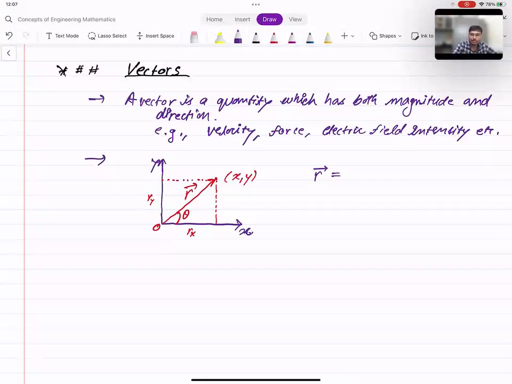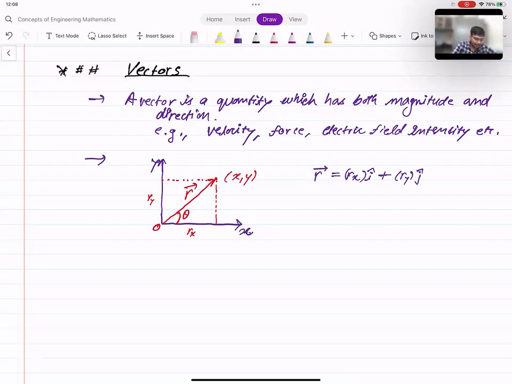Here we are dealing with 2D. So this is Rx, the magnitude, multiplied by the direction, plus the contribution of the other direction, which will be Ry into j cap. In this way we can represent a vector quantity. So here we have both magnitude as well as direction.